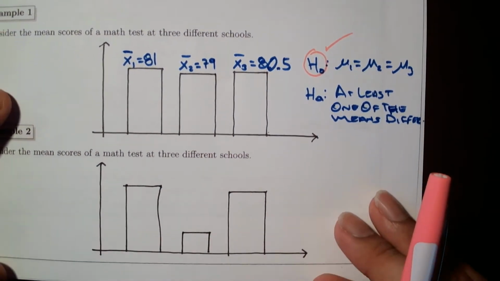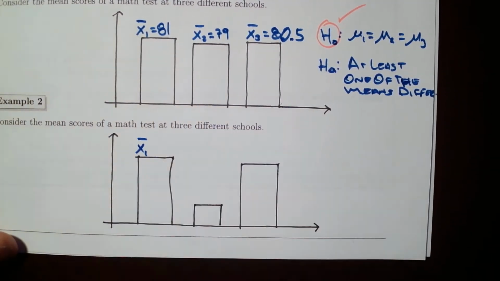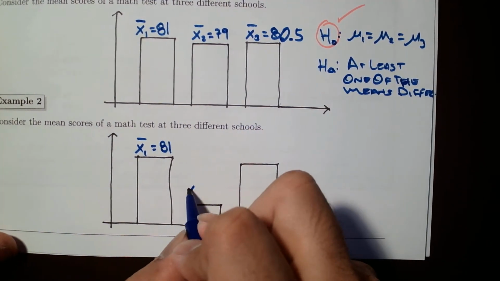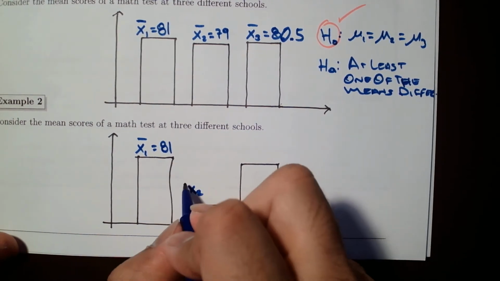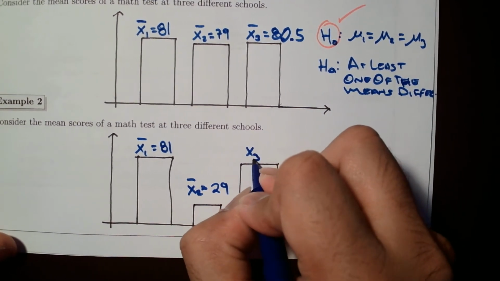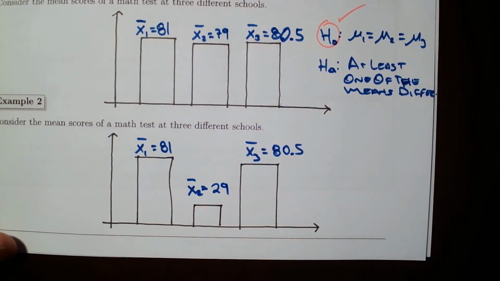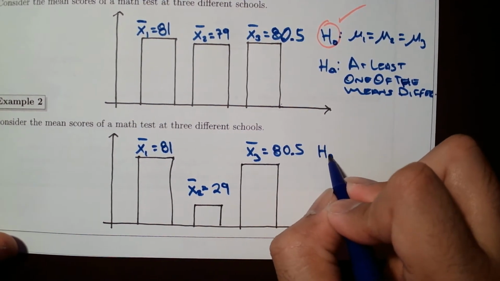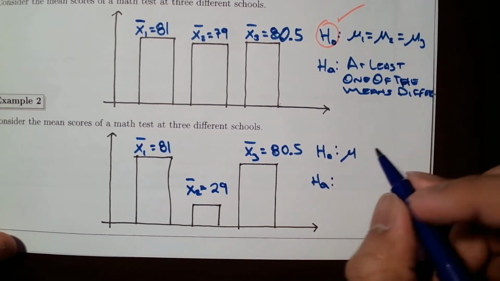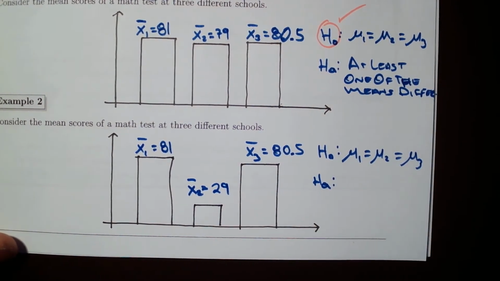Let's look at the second scenario then. We're going to consider the same x bar 1 equals 81. x bar 2, the second school did really terrible this time. They got a 29. And x bar 3 is 80.5. Let's take the H0 and the HA. The H0 is that mean 1 equals mean 2 equals mean 3.